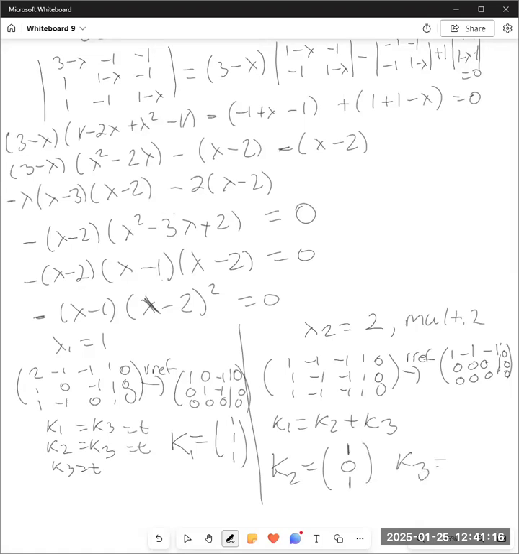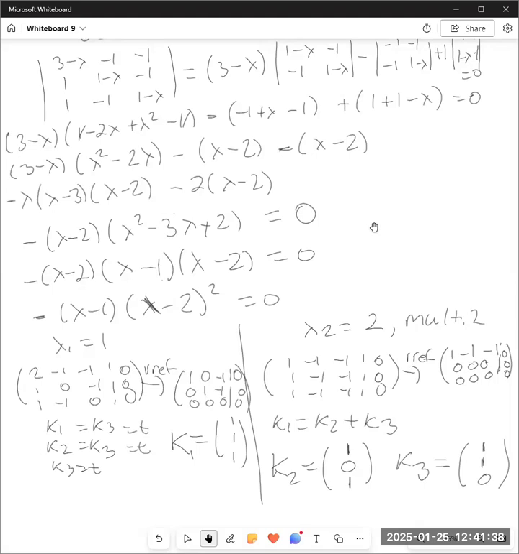Then I also have another independent situation here where I could let K2 be 1 and K3 be 0, and that would still make K1 1. So two different eigenvectors for the same eigenvalue there.